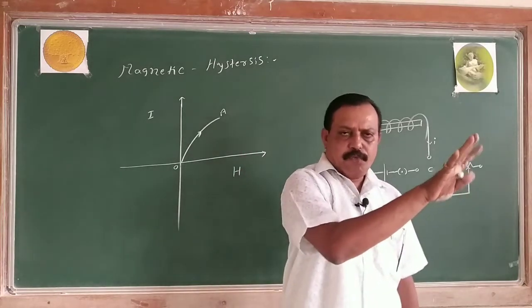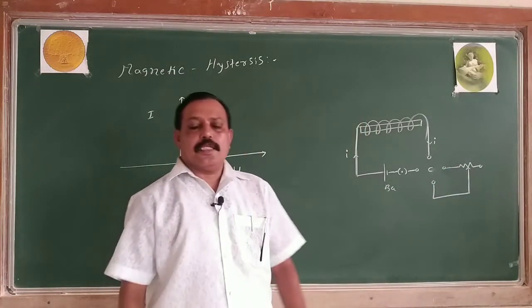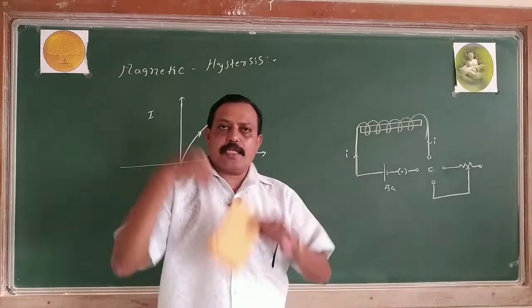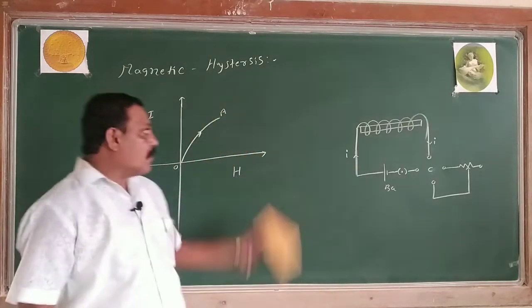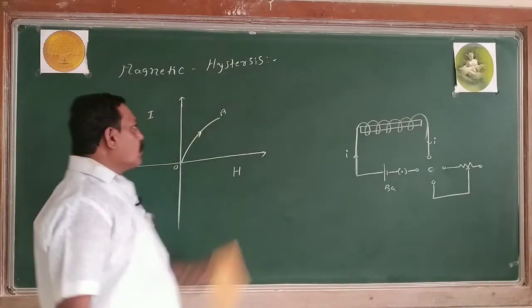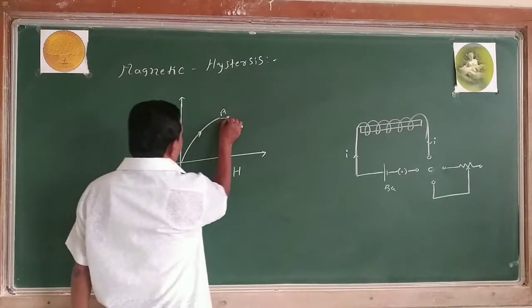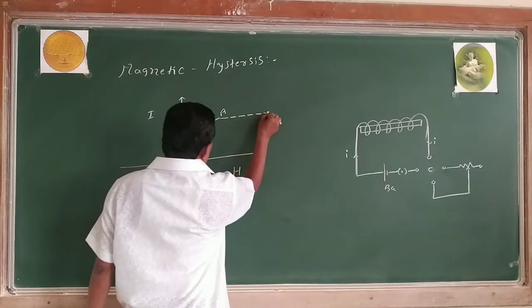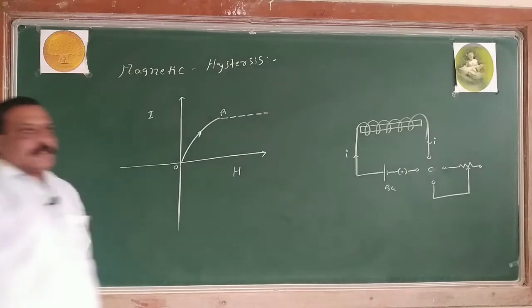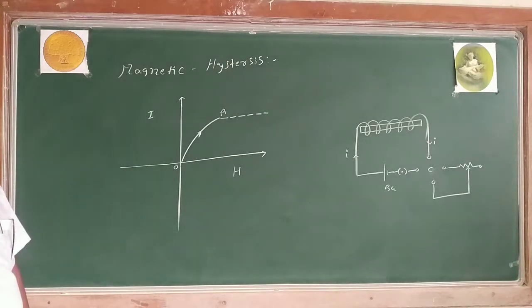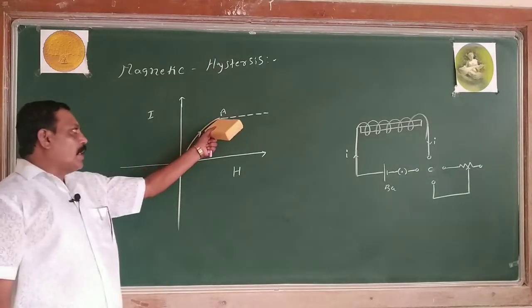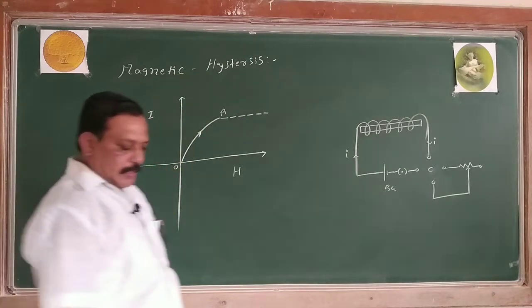It is fully magnetized. Even though you are passing the current, even though the solenoid is a magnet, it does not acquire any further magnetic property. So it remains constant, saturating parallel to the x-axis at point A. The material becomes fully magnetized and saturated.